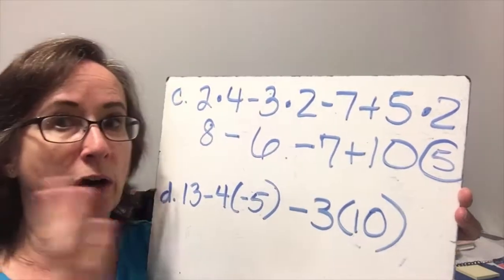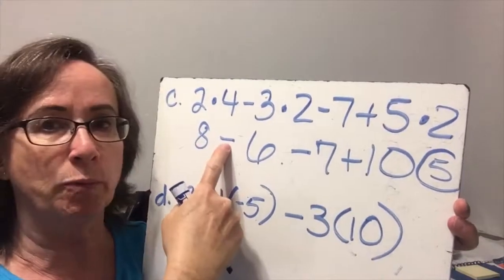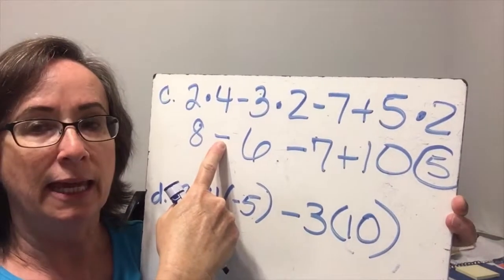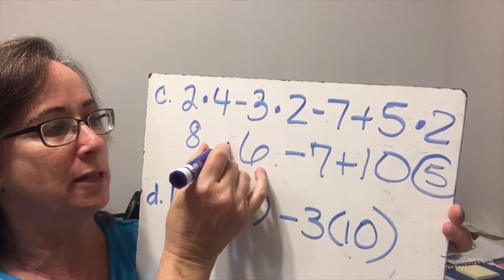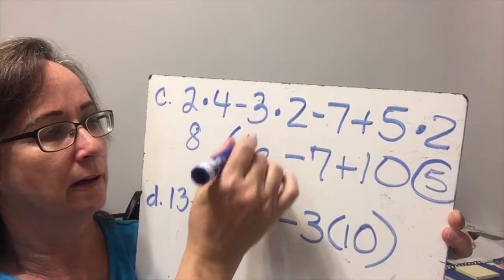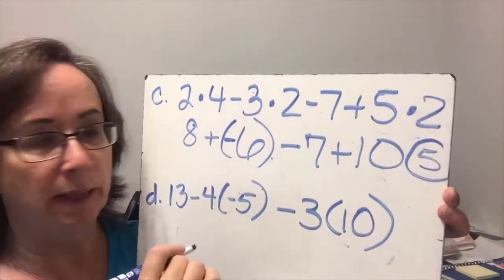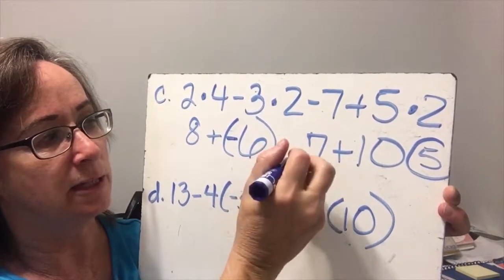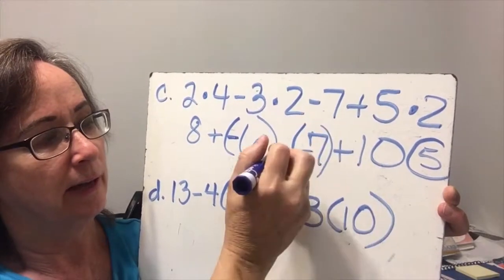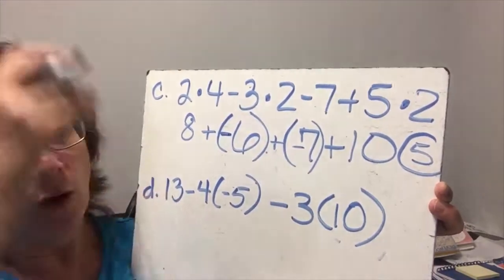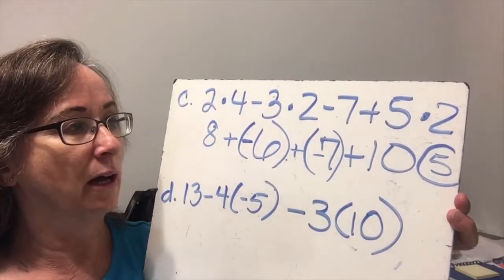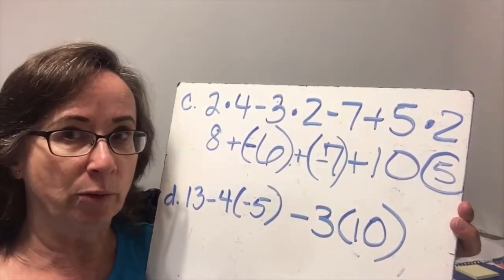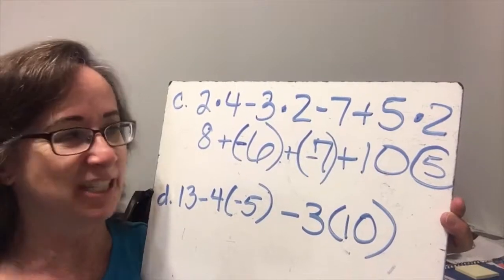Now, just for our instruction purposes, remember we can always change a minus into addition of the opposite. So basically we can attach that minus here and change this to a plus. We can attach this minus here and change that to a plus. Once we do that, then we can do our adding in any order we want to, because we've turned everything into addition.